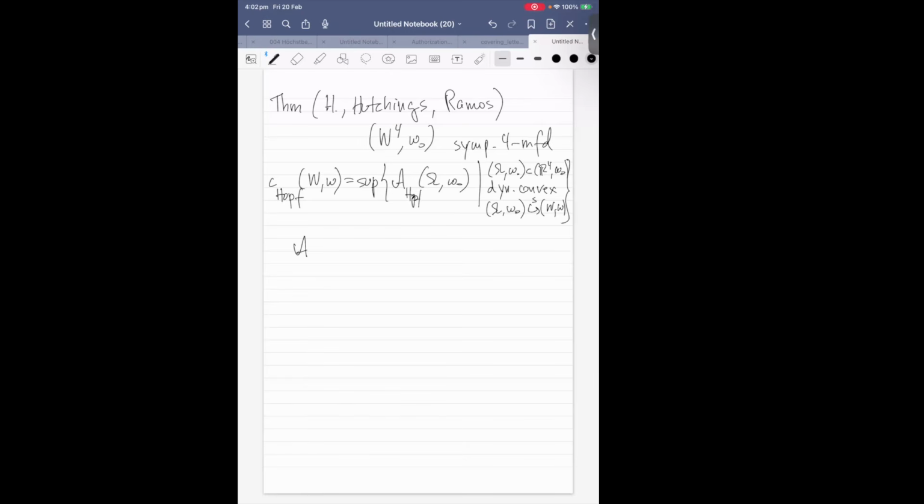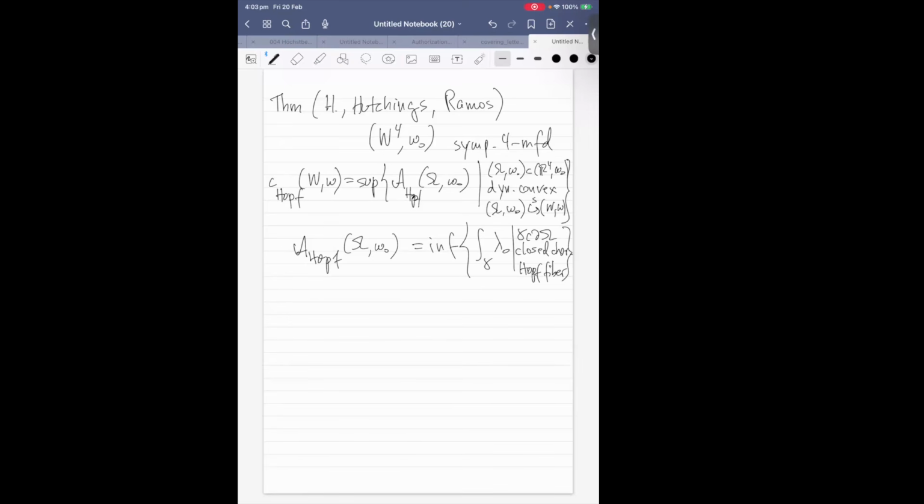And A Hopf is the infimum of actions of closed characteristics in the boundary which are Hopf fibers. So it's a typical min-max or max-min in this case, right?